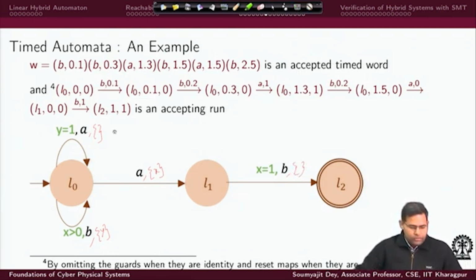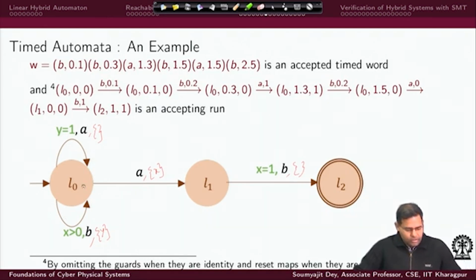If you can see here, you have one example. If you are at L0, you can take this self loop based on an input event A, and you have two clock variables x and y. You can take this self loop provided the time of y is 1, or otherwise if B comes as an input event, then whatever is the time of y, as long as x is positive, you can just take this self loop.